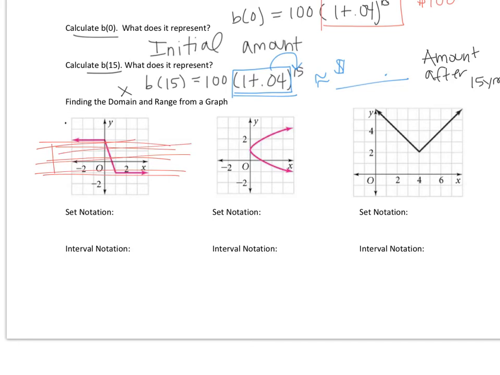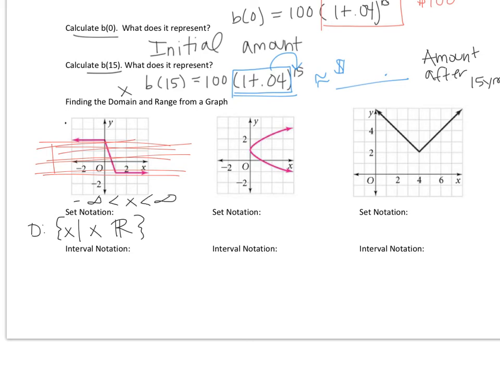So if it covers everything from left to right, the domain is x such that x is all reals. That's set notation. Or you could do negative infinity less than x less than infinity.